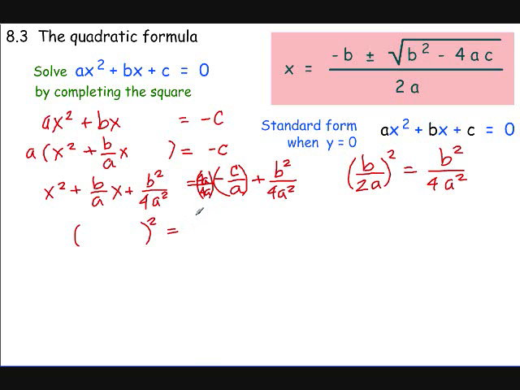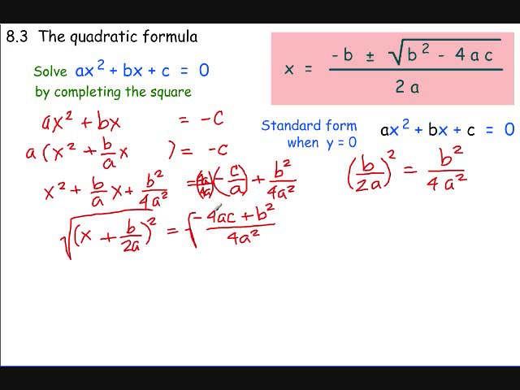So I would have negative 4AC plus B squared all over 4A squared. Over here I've got the square root of this, which I know is right here, B over 2A. I take my sign from the middle. Very nice. Take the square root of both sides.